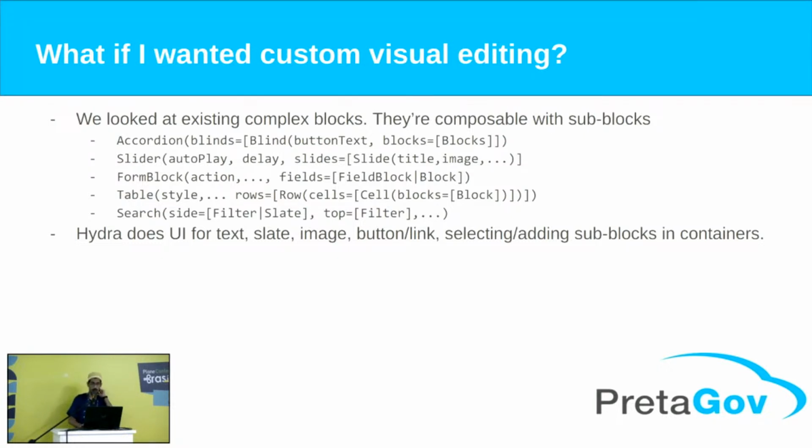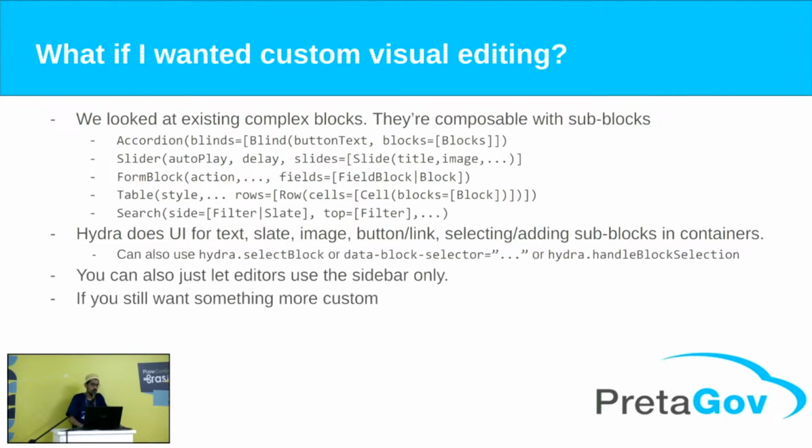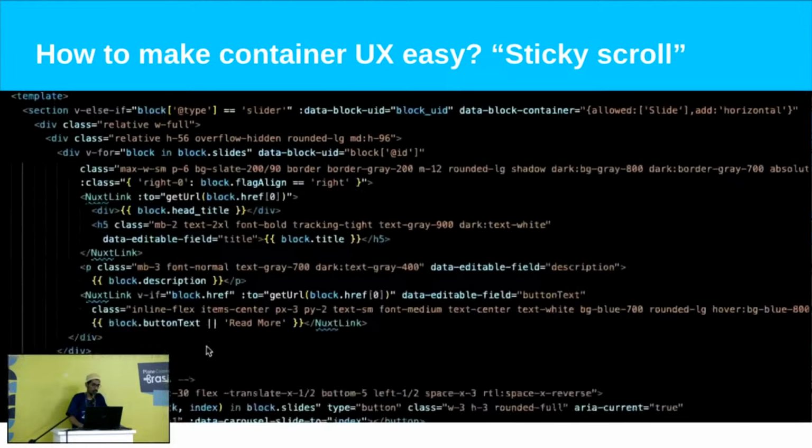I forgot to mention the issue number here, but there's an issue where we have worked out the containers, accordion blocks, slider, and form blocks. They can be a block container inside a container, and we have well spelled out documentation for that. I will skip that part because we are short on time.